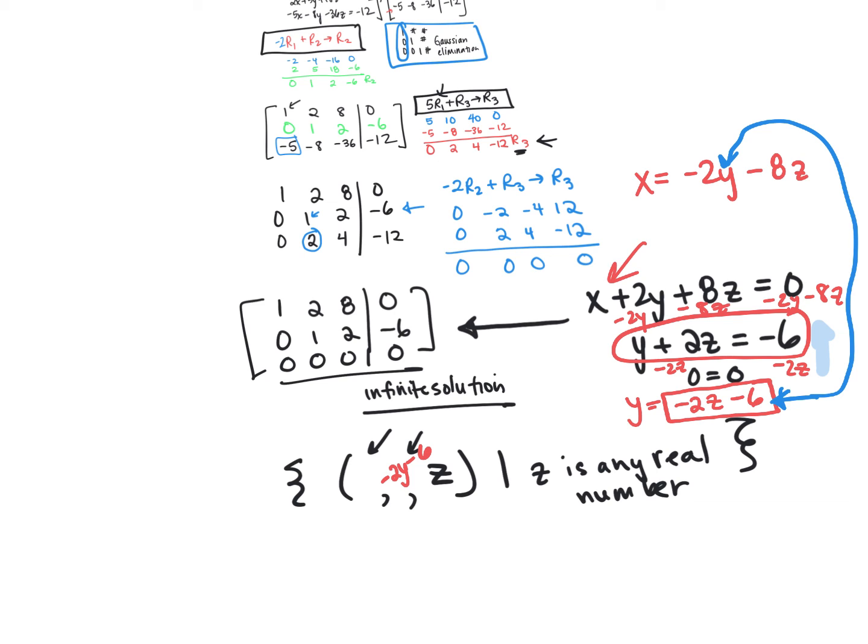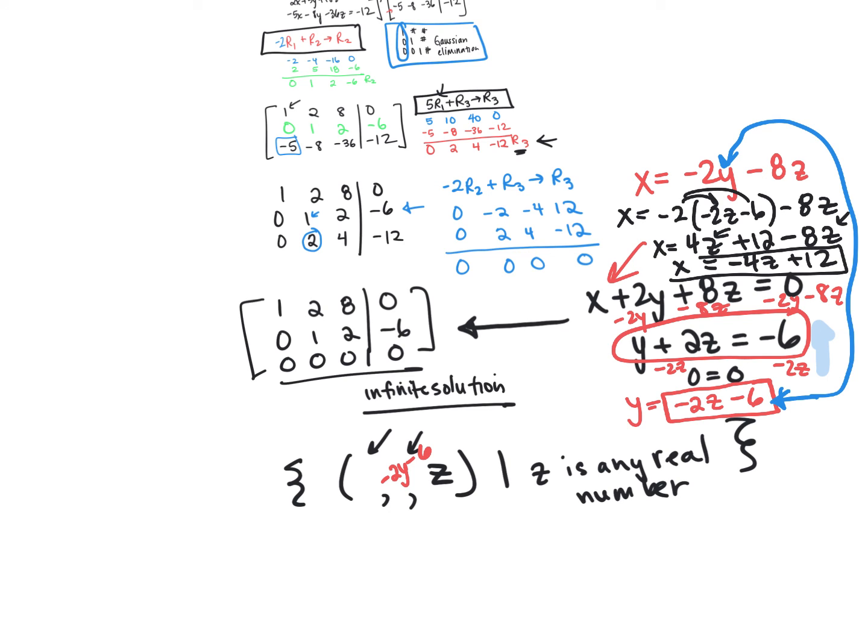That would look like x equals -2 times (-2z minus 6), because that's an expression that represents my y. Simplifying this, x will be equal to a positive 4z, a positive 12, and then minus 8z. Collecting like terms, 4z and -8z make -4z, plus 12. So that's my x written in terms of z.